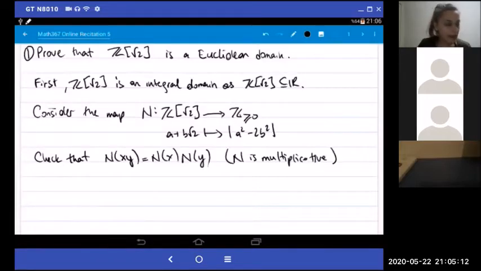And now, to be sure that Z root 2 with this map is a Euclidean domain, we have to show that it actually allows us to perform the division algorithm over this ring. So we need to show the division algorithm.